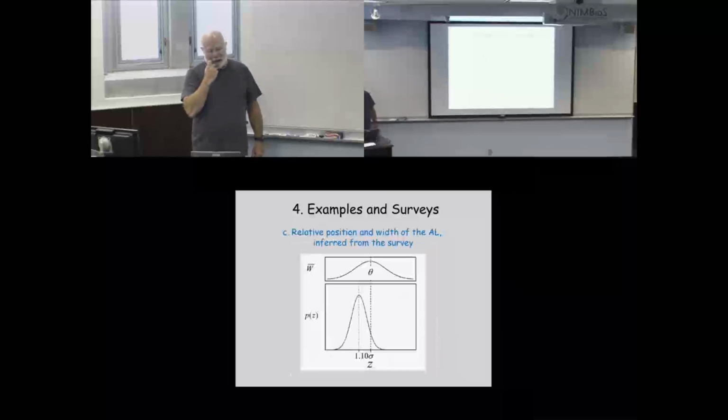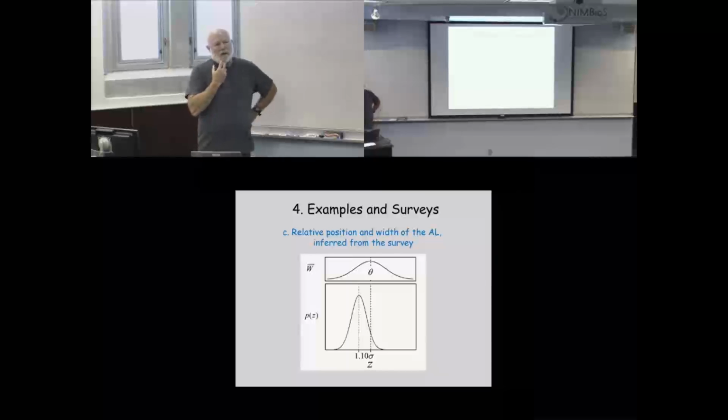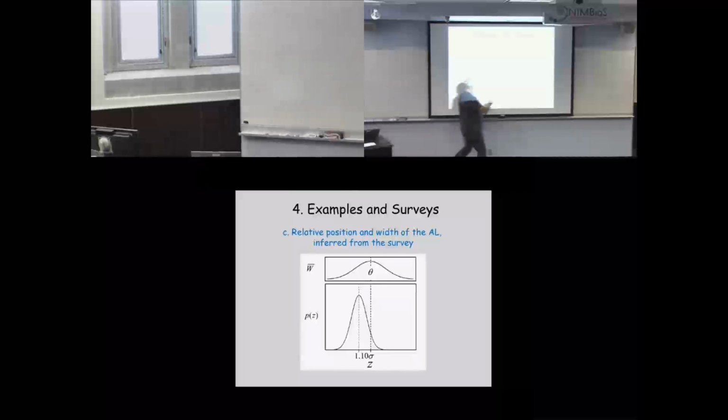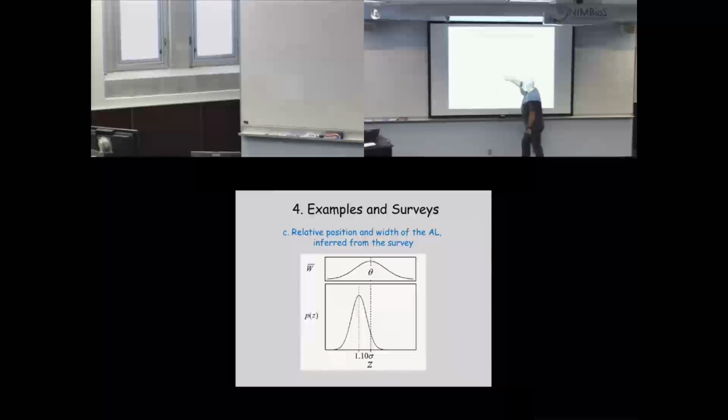And if you ask what those studies are saying about the width of the adaptive landscape and its relationship to the trait mean before selection, I've rescaled things. Here's the average trait distribution before selection, scaled so that it's got a mean of 0 and a standard deviation of 1.